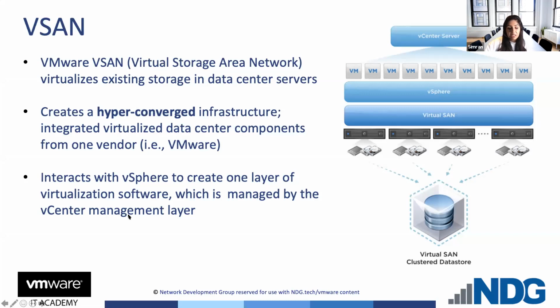And because it's embedded within the hypervisor, it can interact with vSphere really closely. From a management perspective, you're using the exact same tools that you use to manage vSphere to manage vSAN as well. So you're easing a lot of stress from an organization perspective.